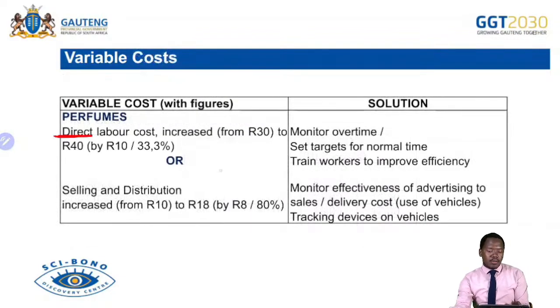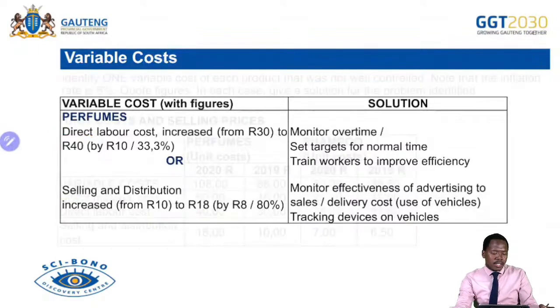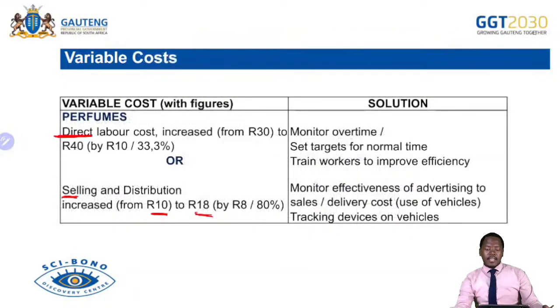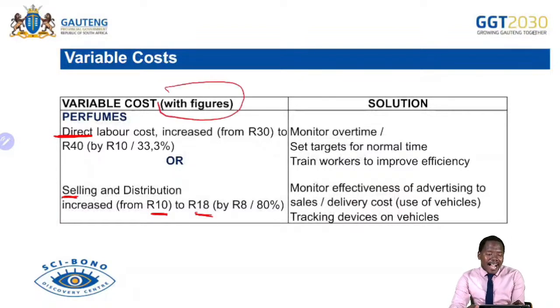Right, grade 12, this is what we are saying. And then also the selling and distribution increased from 10 to 18. Where is that, colleagues, from the information? We have it, it's 10, and then it's moving to 18. So it has increased. Now, what is the solution for that? Remember, grade 12, on this question you must quote, and then you must also write figures.